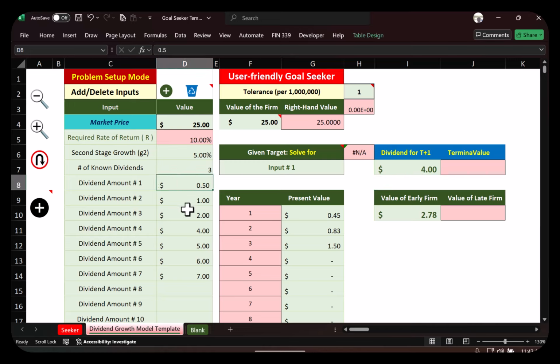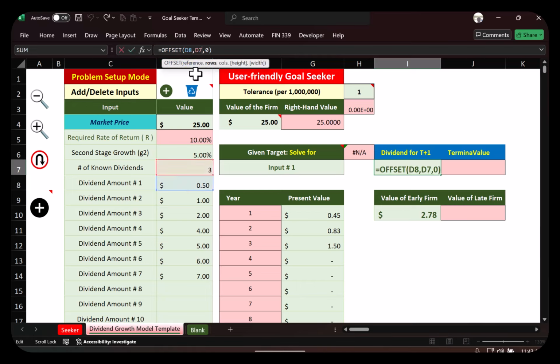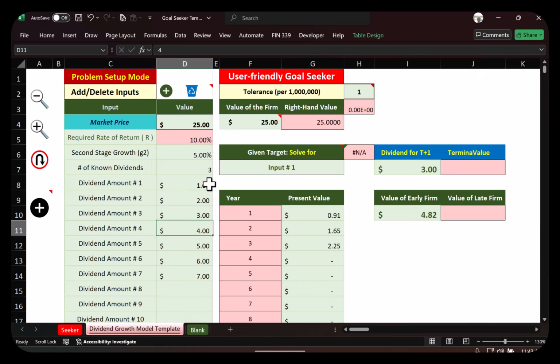No, I didn't say t minus 1. I said t. It should be t minus 1. All right. Just to make it clear, let's make these 1, 2, 3, just to make sure that I'm getting the right number.